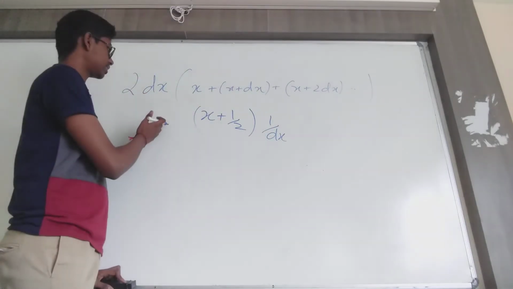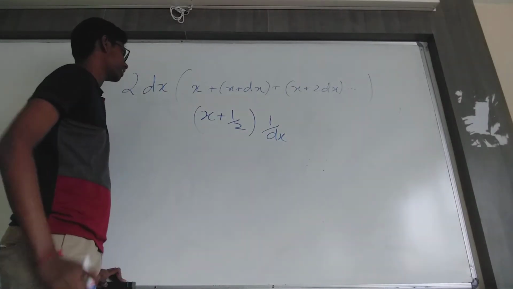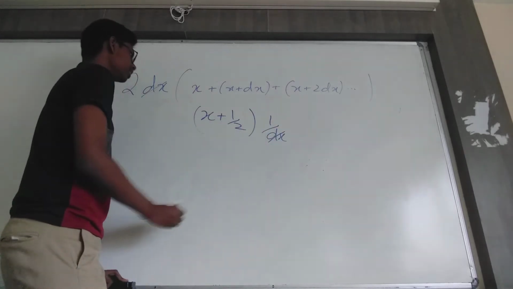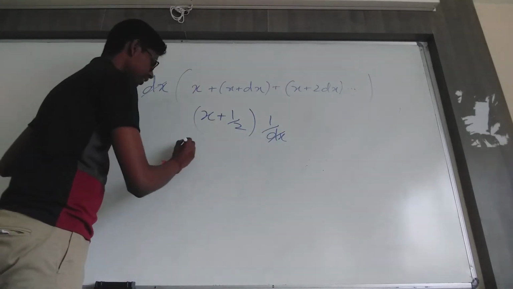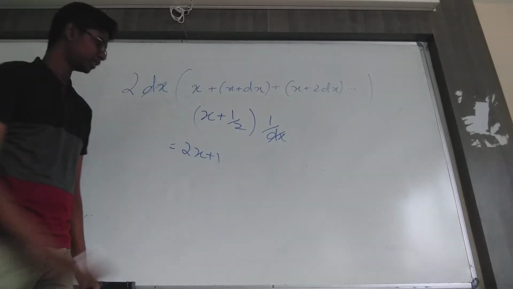So now we've got this thing. It's 2 times dx times x plus half times 1 by dx. dx and dx cancel, and 2 times x plus half is 2x plus 1, and we've got it, which is equal to the RHS.